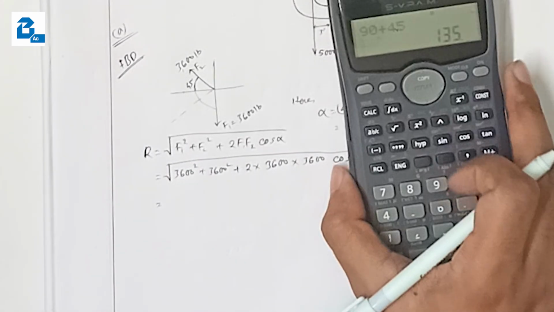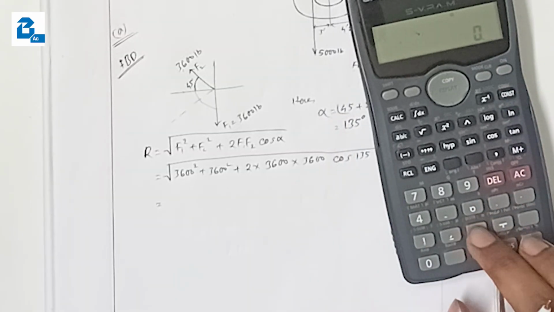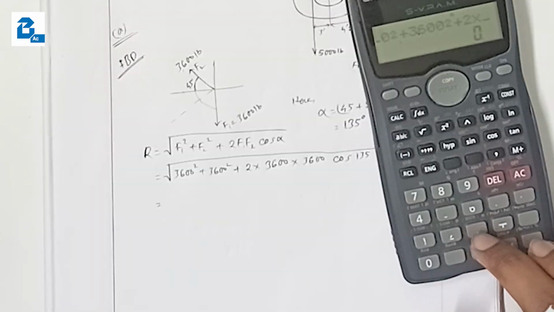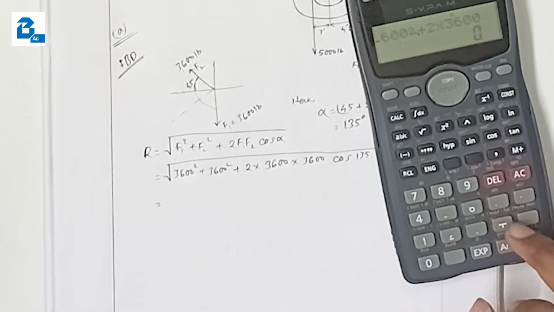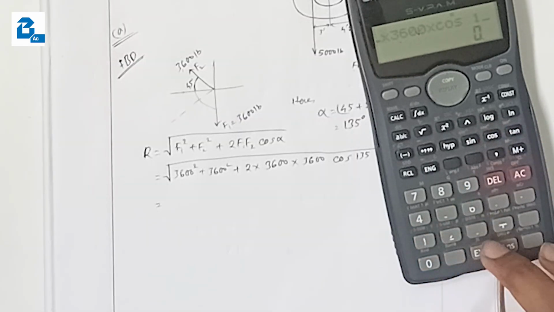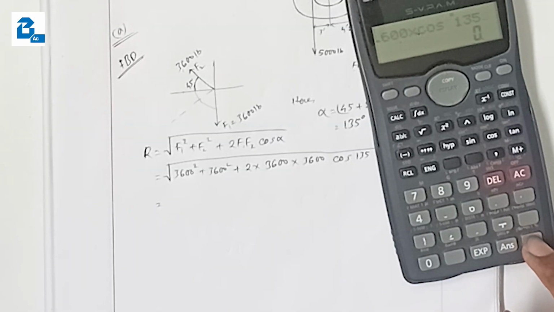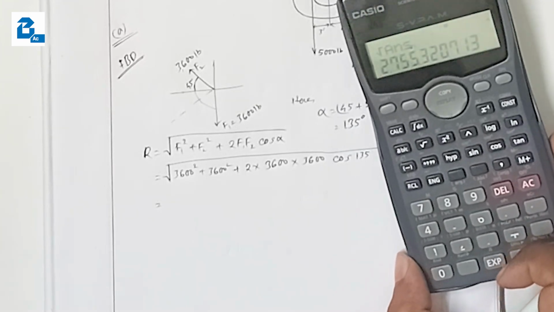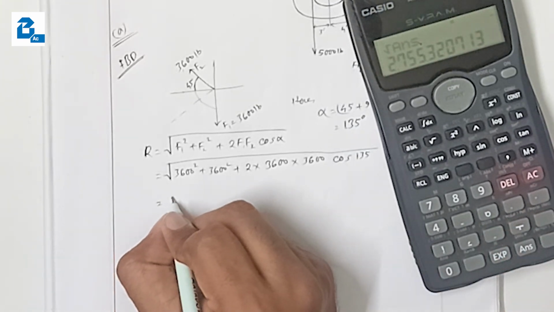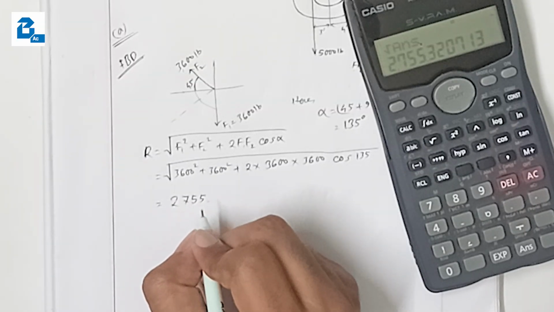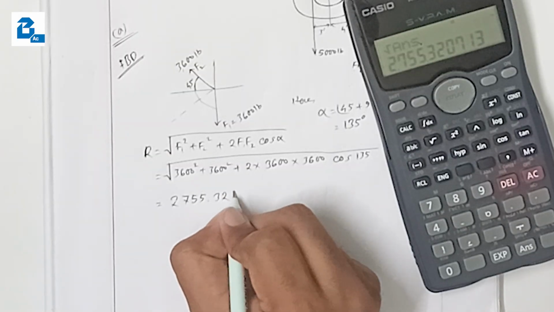So we can now calculate it. Then we get something like this, and then root over answer we get 2755.32 pound.